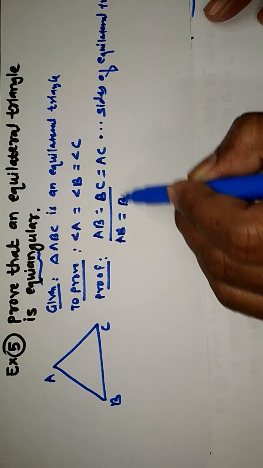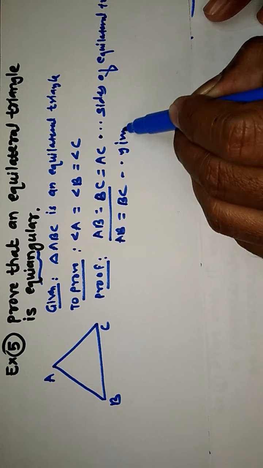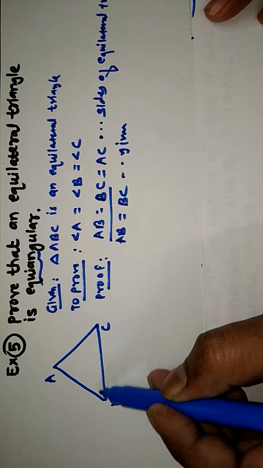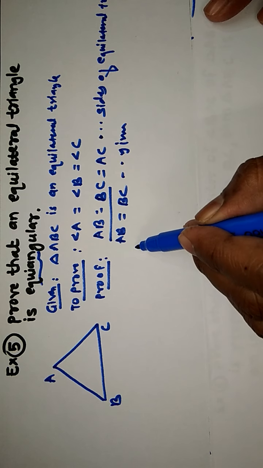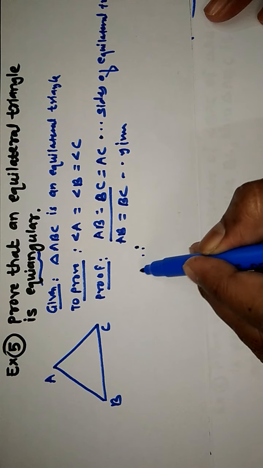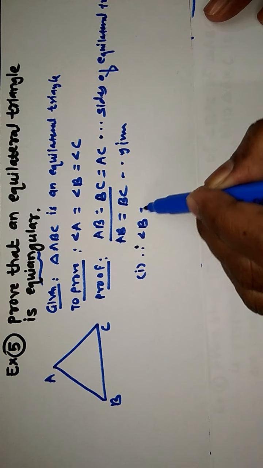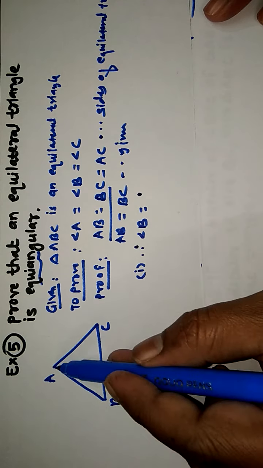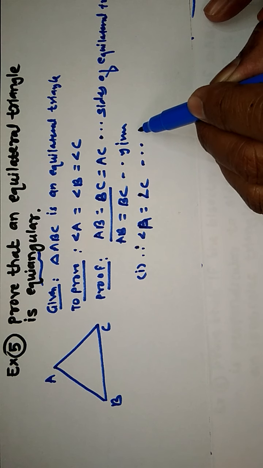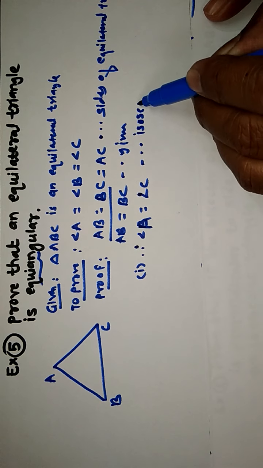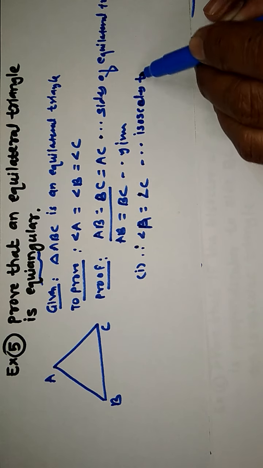If AB is equal to BC, this is given, then its base angles are congruent. Therefore, statement number 1, angle B is equal to angle C. What is the reason? Isosceles triangle theorem.